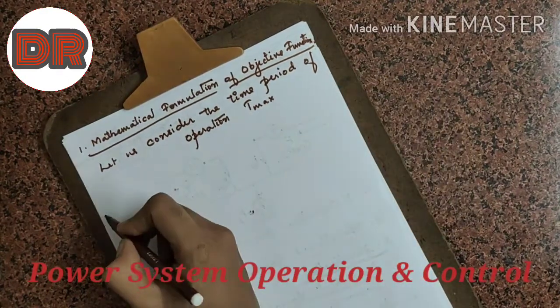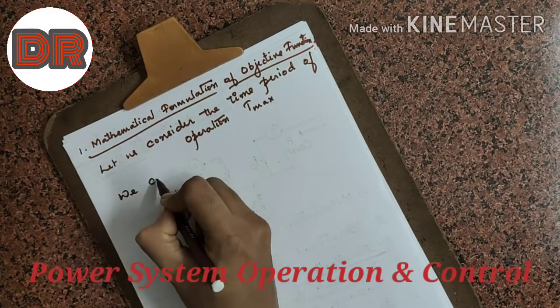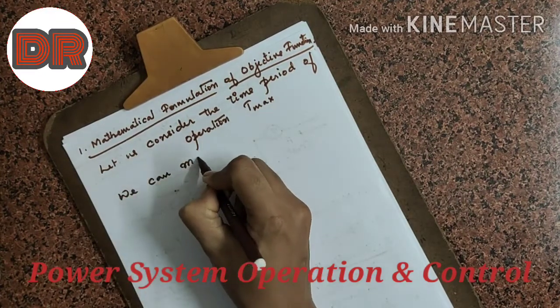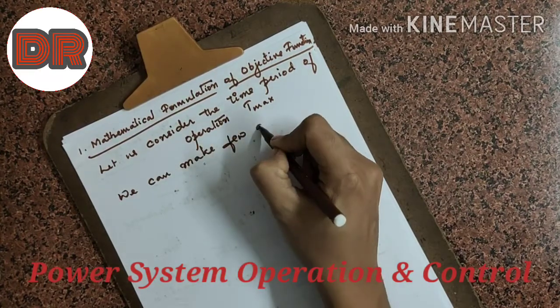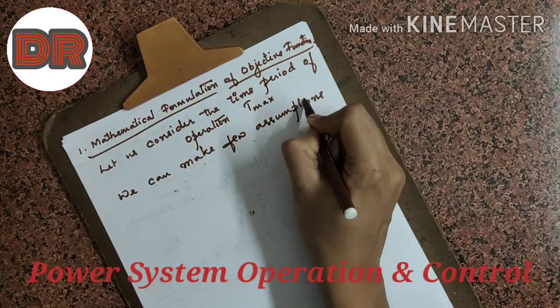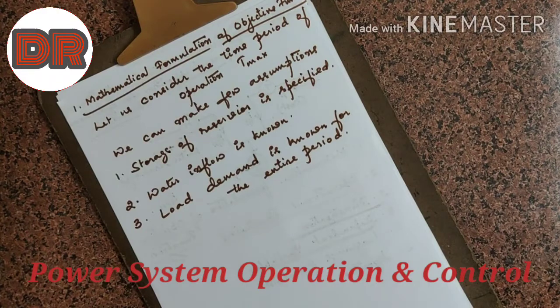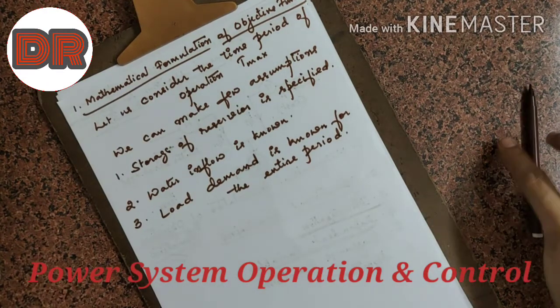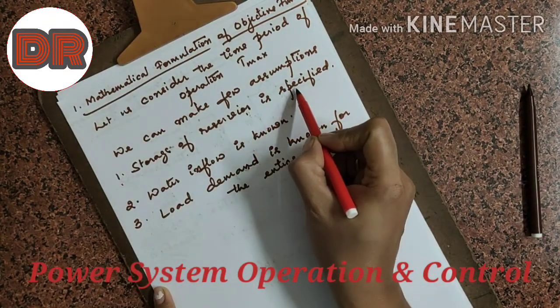We also write what assumptions to make. What assumptions do we have to make here to write the objective function? There are three assumptions. The first one is that the storage of the reservoir is specified.